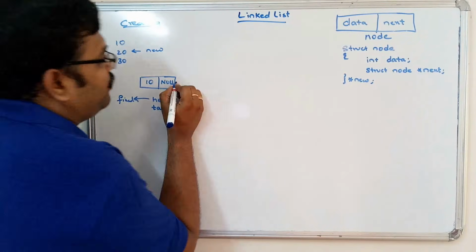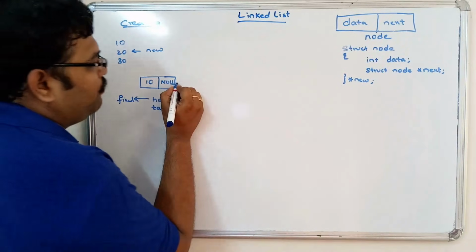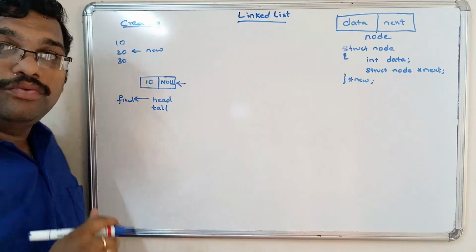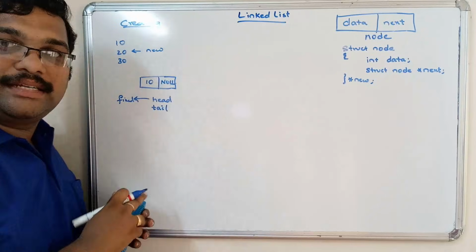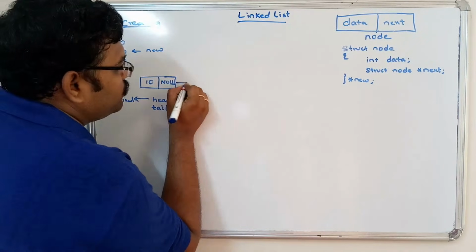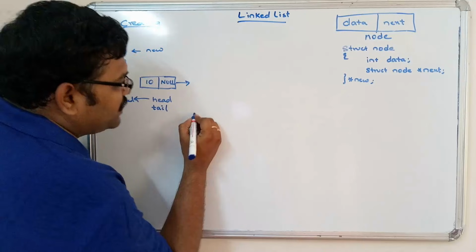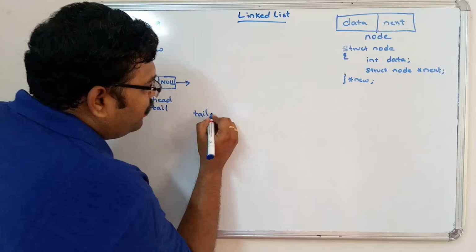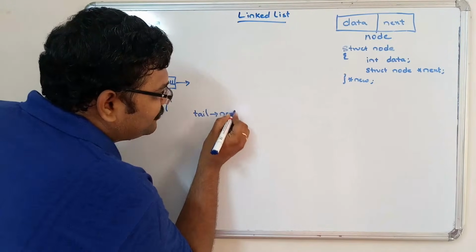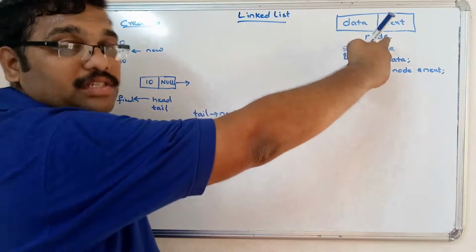Now coming to the tail, what we have to do? We have to establish the link first. First, tail of next. Here head and tail are also nodes, right?